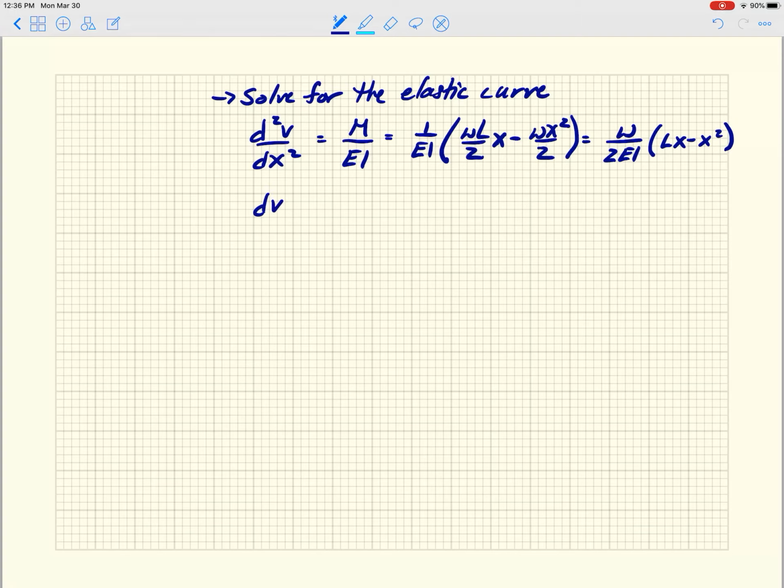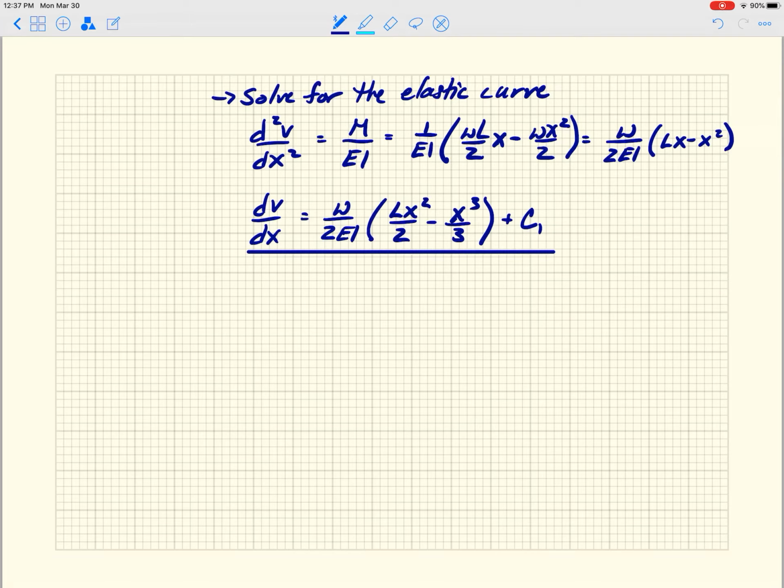So then we can integrate it once, and the left-hand side will be dv dx, and the right-hand side will be this constant, W over 2EI. Then that first term goes to Lx squared over 2, and the second term goes to x cubed over 3, and then I've got to add a constant of integration, because every time you integrate, you could have a constant. So if I take the derivative of this expression here, with the constant, I am going to get that expression there.